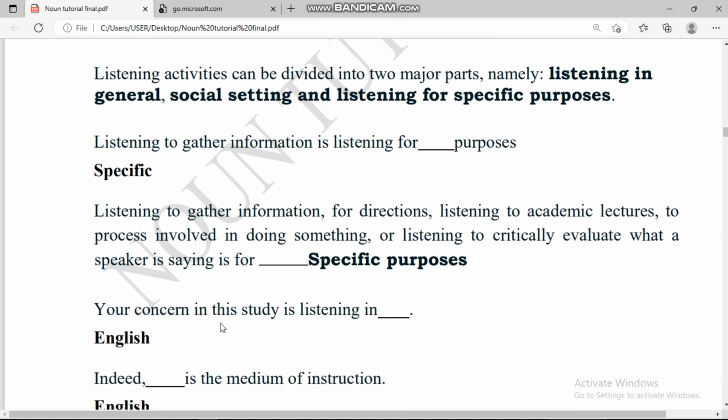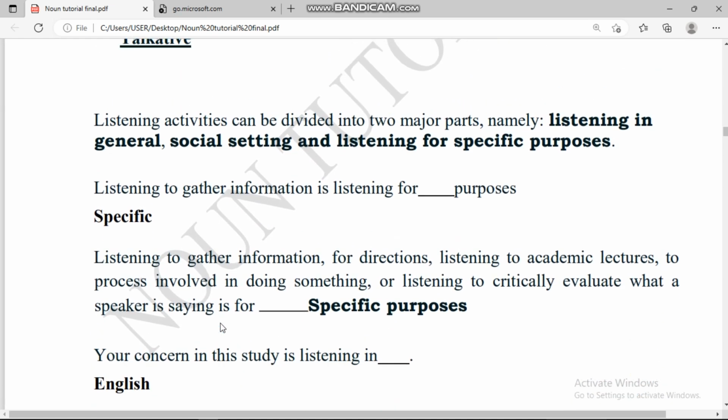Talkative. Okay. Another question said, listening activities can be divided into two major parts, namely listening in general social setting, and listening for specific purpose. That's the answer. Listening to gather information is listening for dash purpose.